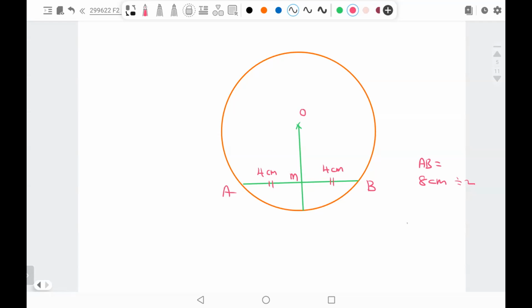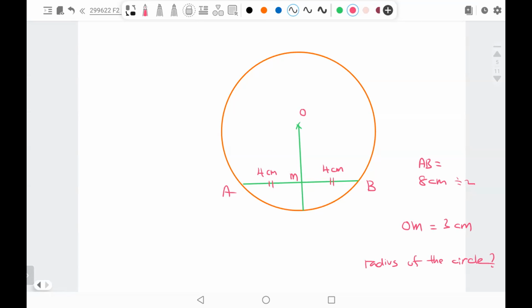Now they give you O to M is 3 cm. And they want you to find out the radius of the circle. What is the radius of this circle? Then you have to know where the radius is, right?